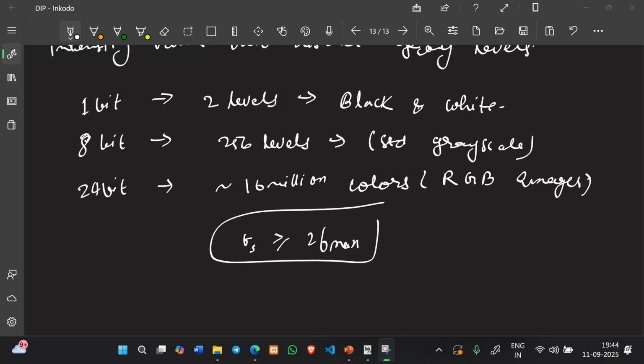Let's discuss the key takeaways from the video. Sampling is choosing pixels in space, which is your resolution, and quantization is choosing the intensity levels, gray or color levels. Poor sampling causes aliasing, and more bits per pixel means better quality but higher storage cost.